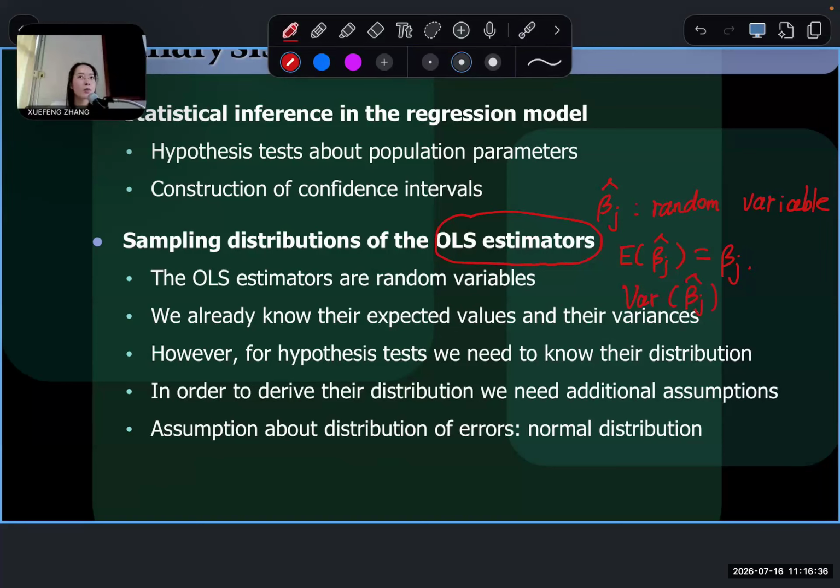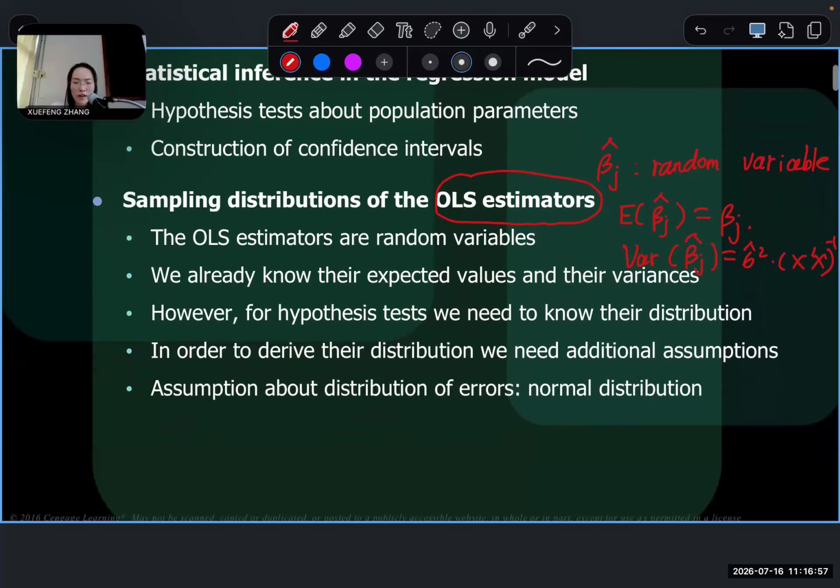What is the formula? Still remember? Sigma square hat times x transpose x inverse, okay? Those two, one is about expected value, another one is about variance. This is what statistics cares about, all right?